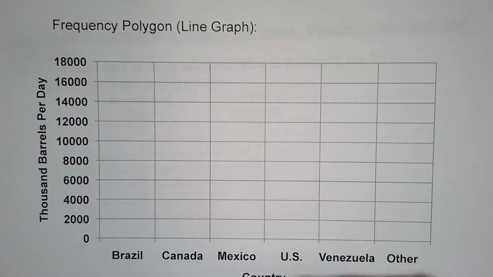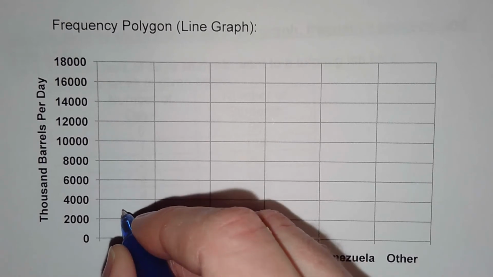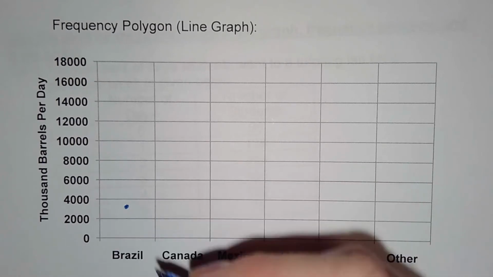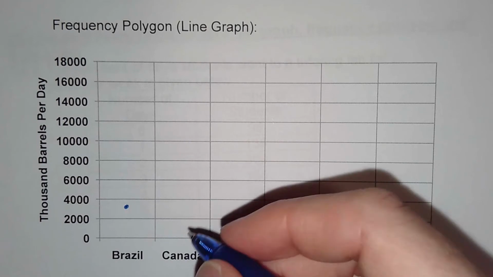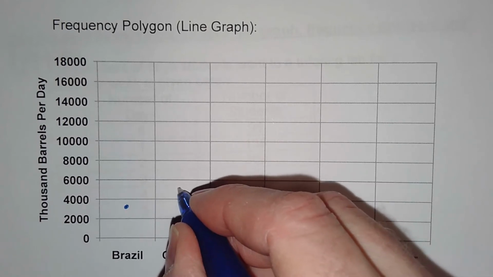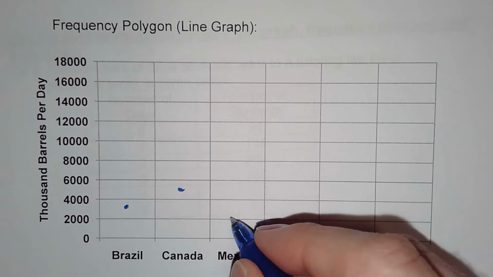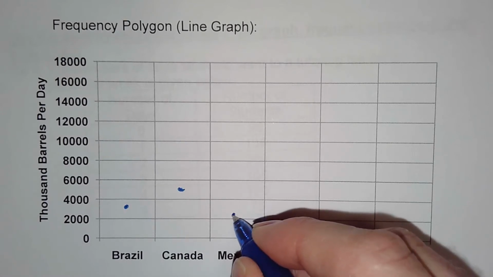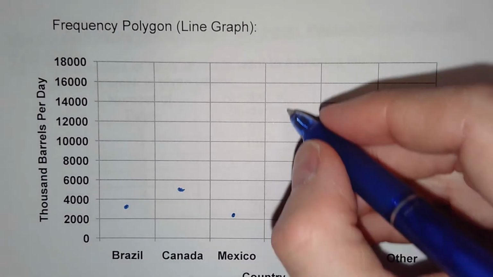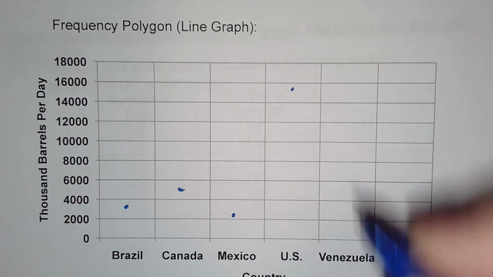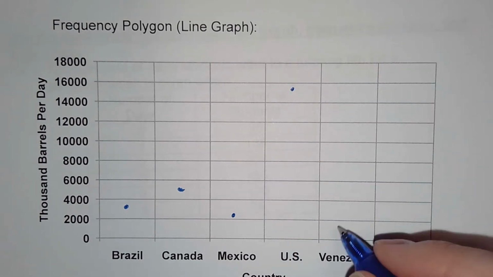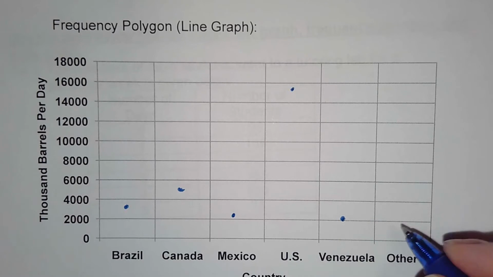So I'm going to have a dot for Brazil, a dot for Canada, a dot for Mexico, a dot for the US, a dot for Venezuela, and a dot for other.